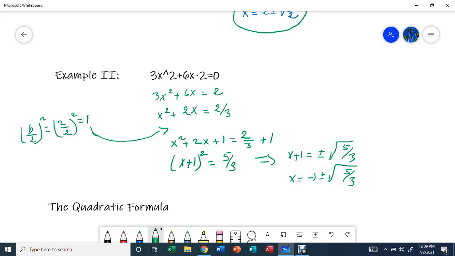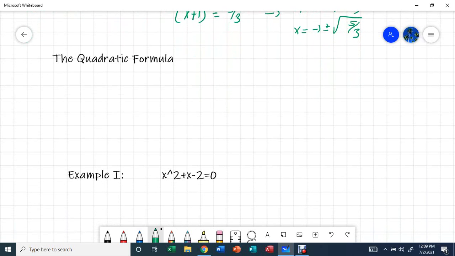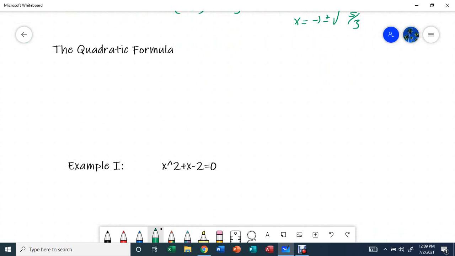Another easy way to solve a quadratic equation is called the quadratic formula. Using the quadratic formula, the standard form of a quadratic equation is ax squared plus bx plus c equals 0, where a is not equal to 0 and a, b, c are real numbers.